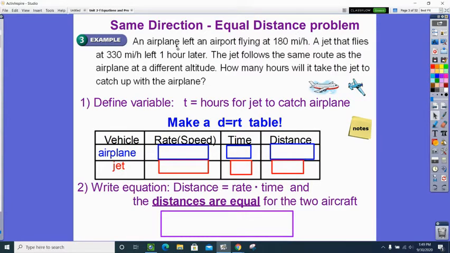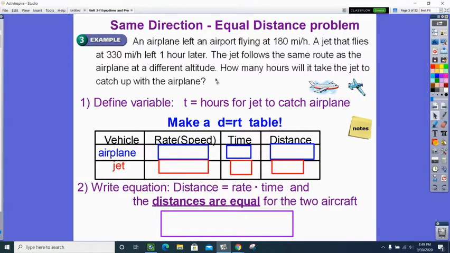But basically, we're going to have an airplane. It's going to leave the airport and it's going to be flying at 180 miles per hour. A jet that flies at 330 miles per hour is going to leave an hour later. The jet follows the same route, but at a different altitude. And here's our question: how many hours will it take the jet to catch up to the airplane?